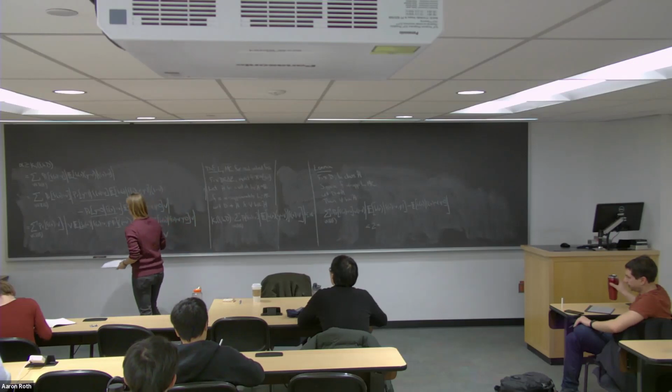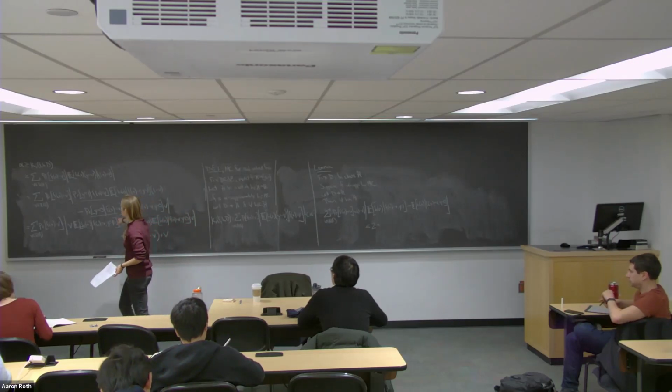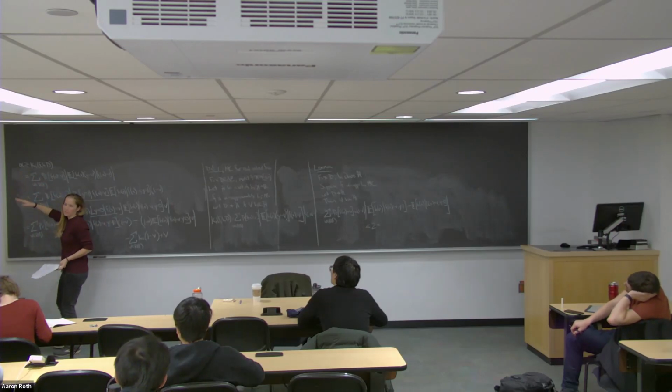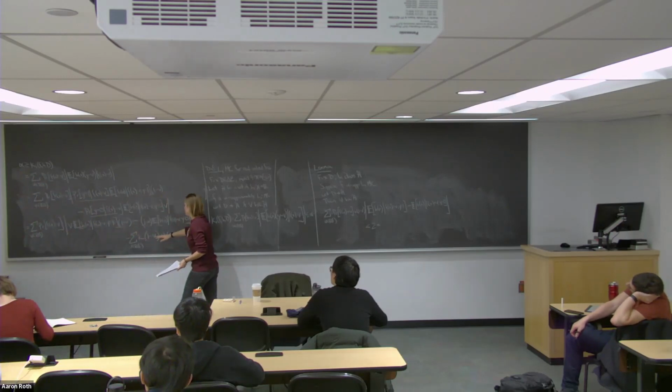Because we're trying to upper bound everything by alpha, the worst case for us is that we'll end up having to subtract this.